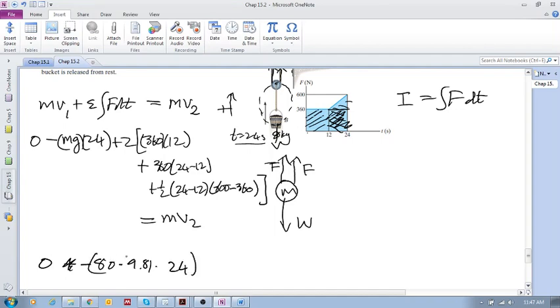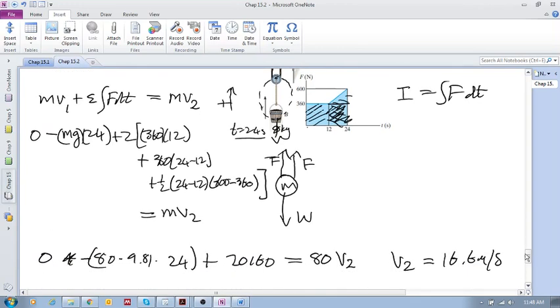That's your mg times 24 seconds, plus this entire thing should equal 20,160 Newton seconds, the impulse. And this should equal 80, because that's the mass of the bucket, times V2, and we calculate V2 to be 16.6 meters per second.